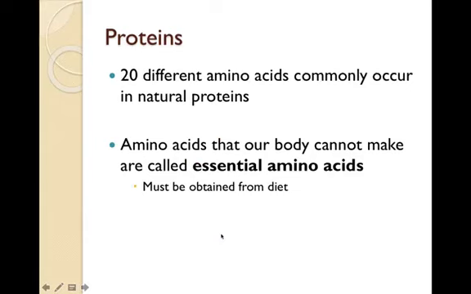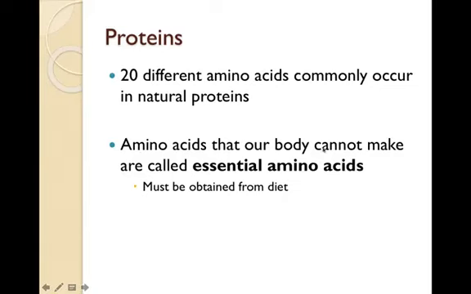20 different amino acids occur in naturally formed proteins within the human body. Most of them, actually more than half of them, our body can make on its own. So we can take different molecules and convert those molecules into various amino acids. But there are certain amino acids that our body can't make.